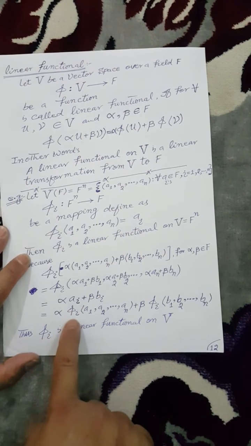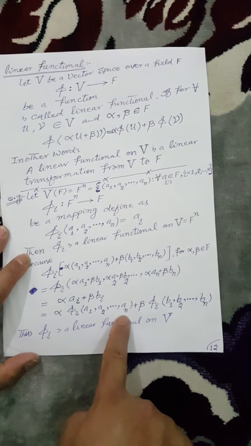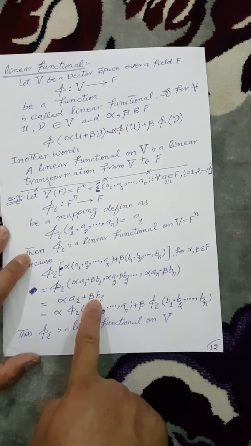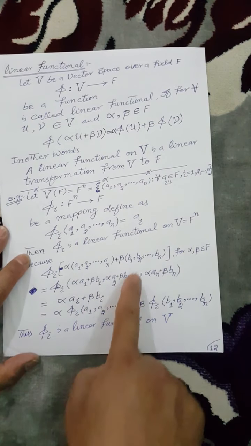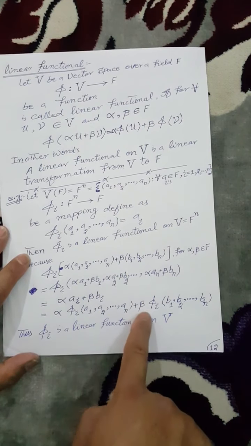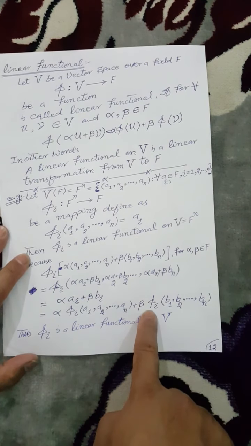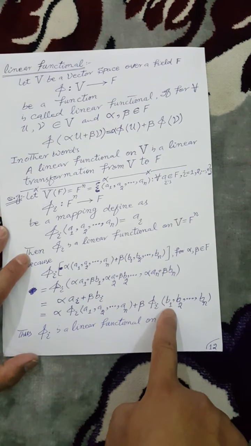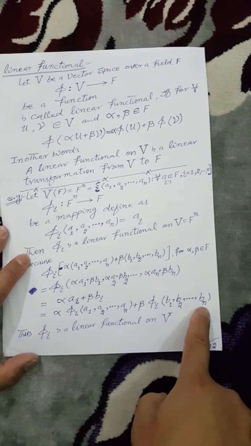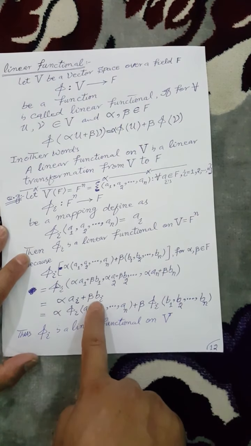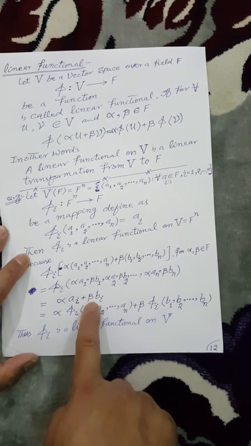Therefore, ai is also equal to pi_i(a1, a2, up to an), and bi, the ith component of the vector whose components are b1, b2, up to bn, is obtained when we apply pi_i on that vector.